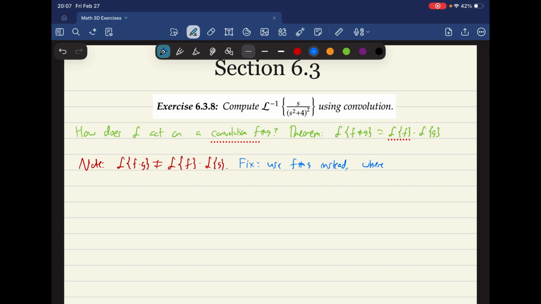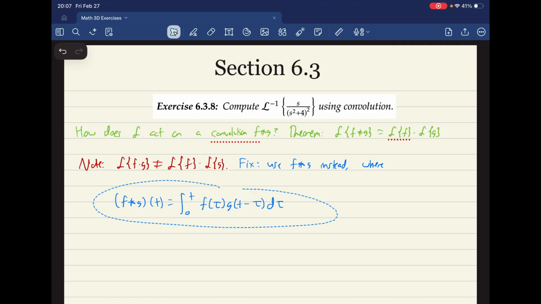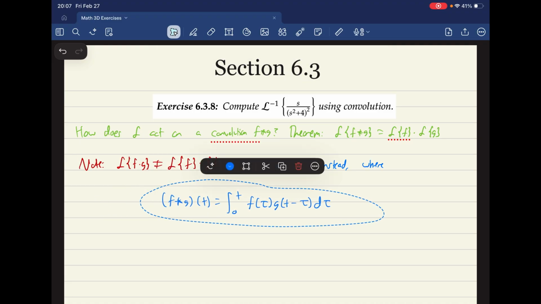As a reminder, f star g is a new function given by this integral: we integrate from 0 to t of f of tau g of t minus tau d tau. So this is the convolution of f and g, at least for our notes' purposes.